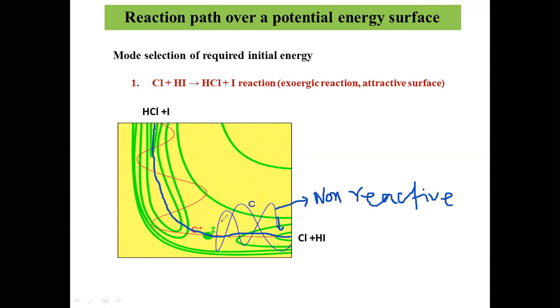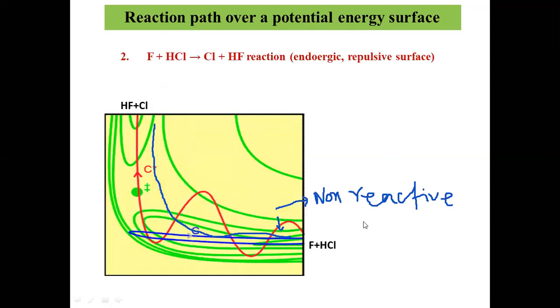It bounces back and the reaction does not take place. Right? So that is the idea we get from the classical trajectory. Okay. Now, what happens if we go for the endoergic reaction.